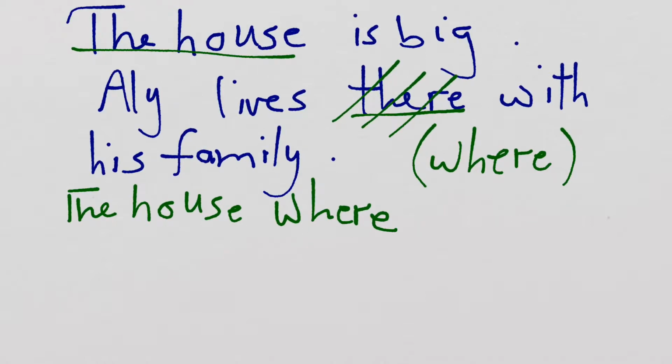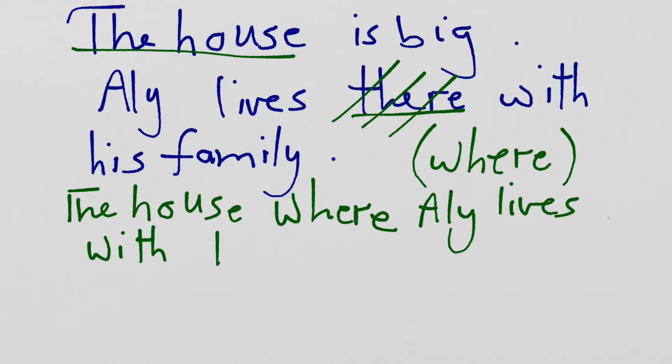The second sentence, Ali lives with his family. And return back to the first sentence: is big.